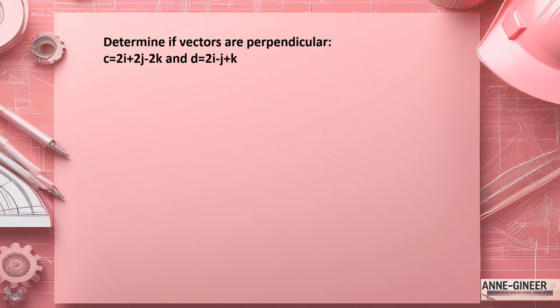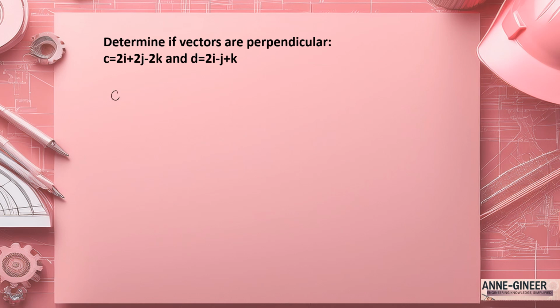Another example is, we are to determine if the vectors are perpendicular. To test the perpendicularity, if the dot product is equal to 0, they are perpendicular. If it's not equal to 0, they are not perpendicular.